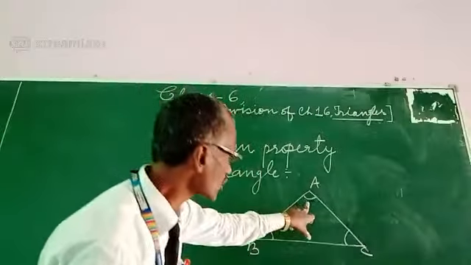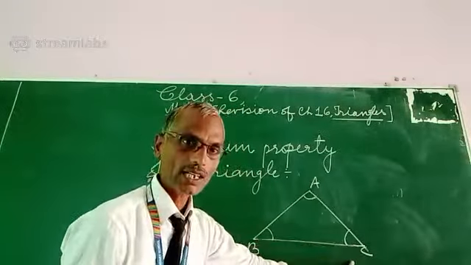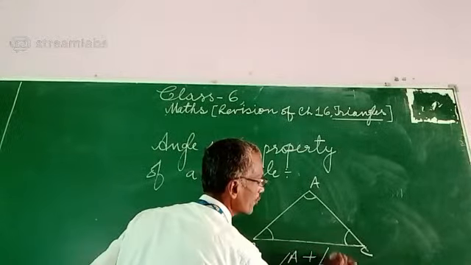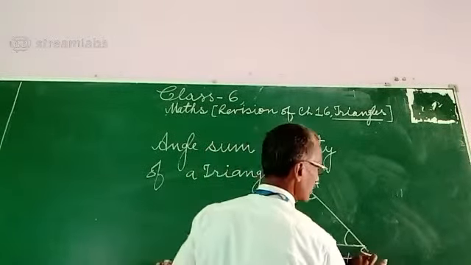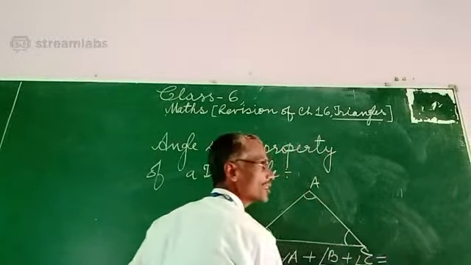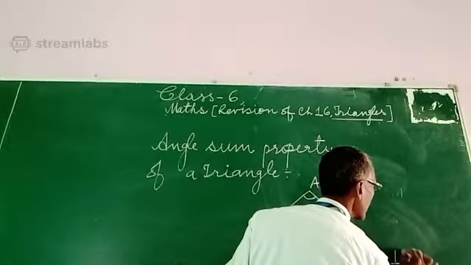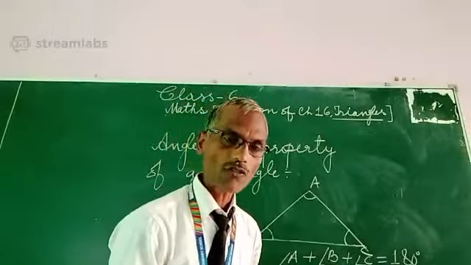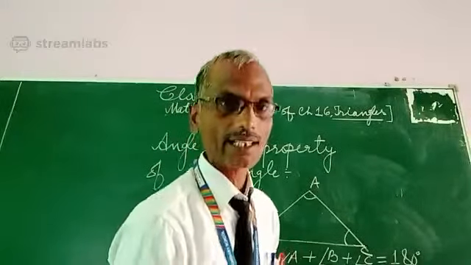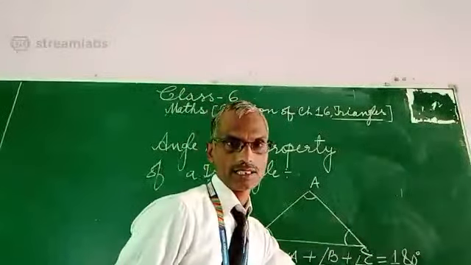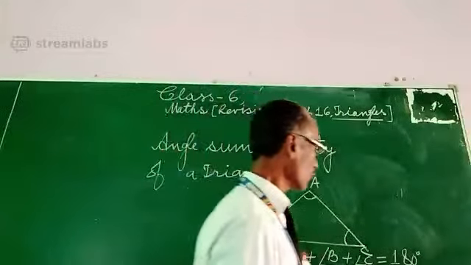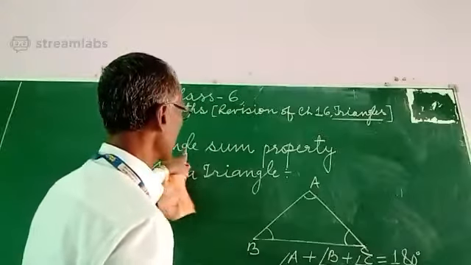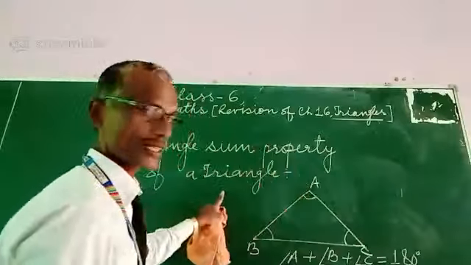The sum of measure of angle A plus measure of angle B plus measure of angle C must be equal to 180 degree. Have you got it? It means the sum of all angles of the triangle is 180 degree. This property is called the angle sum property of a triangle.